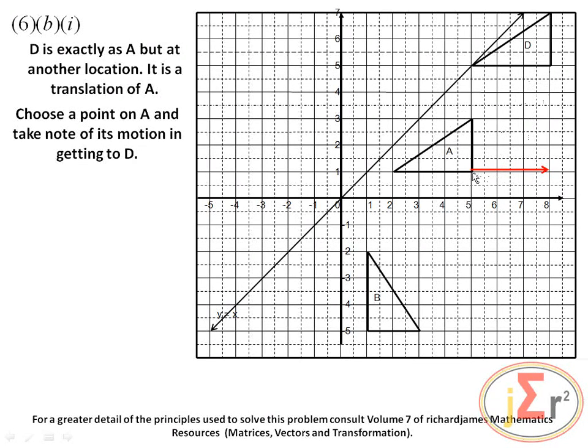In getting from the diagram of A to the diagram of D, we move 1, 2, 3 places in the positive x direction, and then 1, 2, 3, 4 units in the positive y direction. So it is a translation by the vector (3, 4).